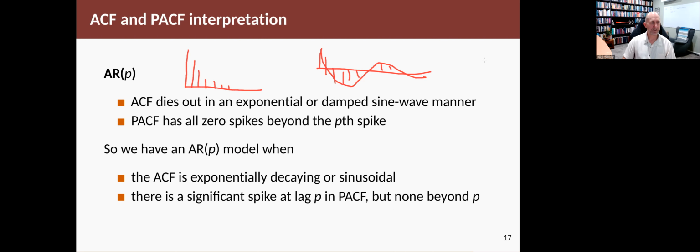And then on the PACF side, you're going to have spikes in the PACF up until lag p, and then nothing significant after that. So one way to pick an AR(p) model is to see, does the ACF look like one of these two shapes? And is there a significant spike at lag p in the PACF, but not beyond it? Then you've possibly got an AR(p) model.